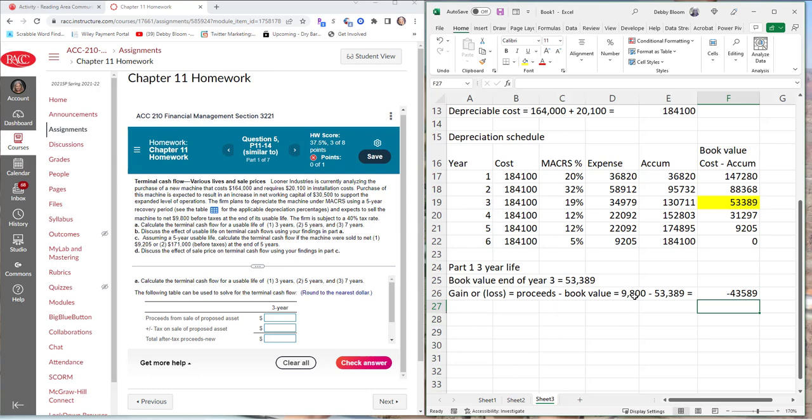So notice, because our proceeds are less than our book value, we made a loss on the sale. So now, because it's a loss, we get a tax savings. And our tax savings are going to be $43,589 multiplied by 40%. The gain or the loss multiplied by the tax rate.